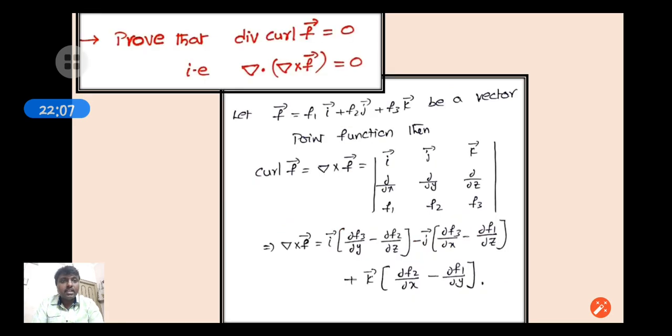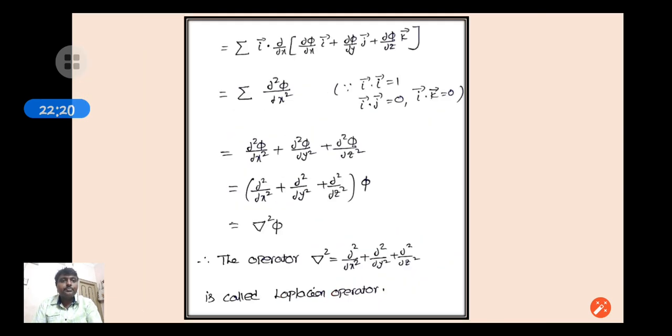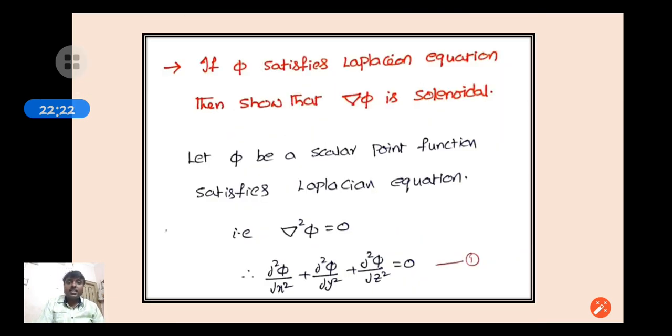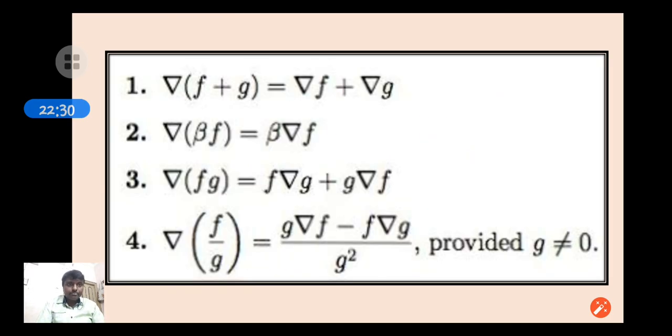In the second result I showed that del dot curl f bar is equal to 0. That means curl f bar is solenoidal. And the third one is, if phi satisfies the Laplace equation, then del phi is solenoidal.